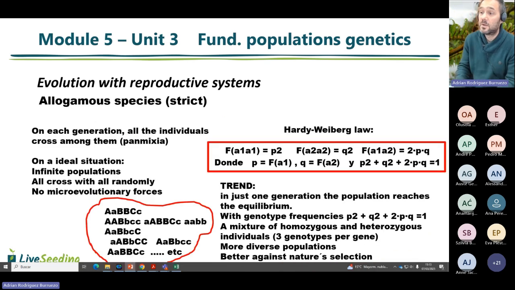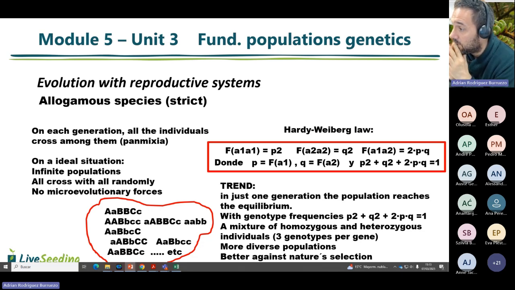And what happens with allogamous species, the other extreme? With strictly allogamous species, the reproductive system, in a strict sense, provides that all the individuals have the same opportunity to cross each other. So it's panmixia, it's highly cross-pollination, okay?